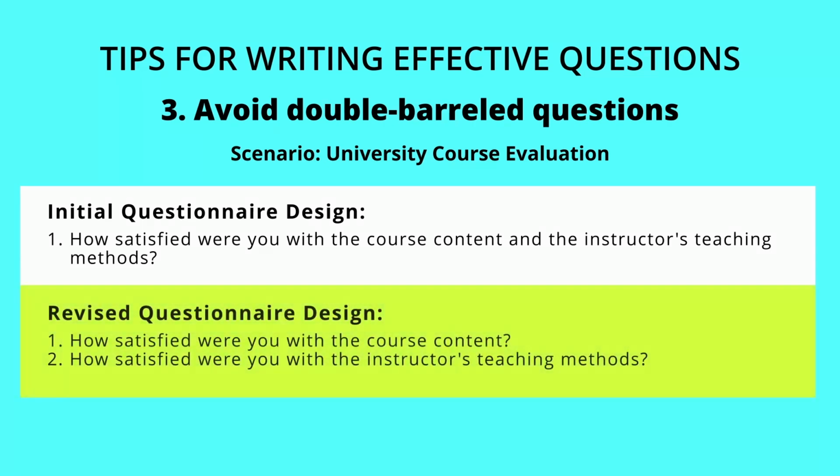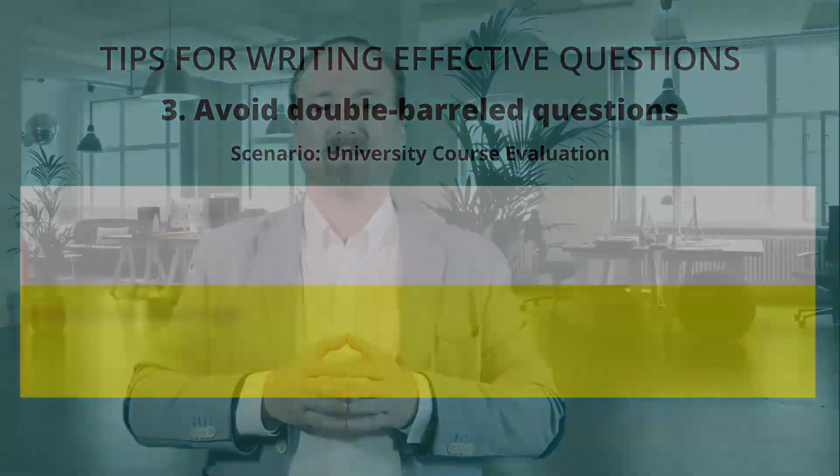One, how satisfied were you with the course content? And two, how satisfied were you with the instructor's teaching methods? By breaking down the double-barreled question into two distinct ones, the University of ABC received more accurate and detailed feedback.